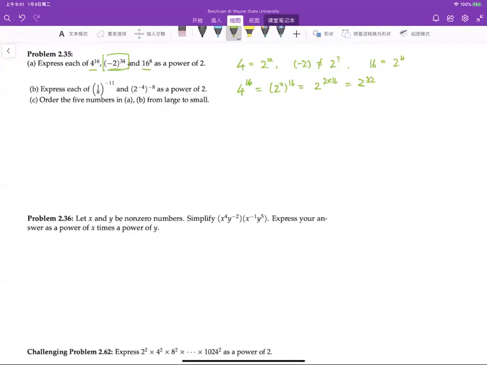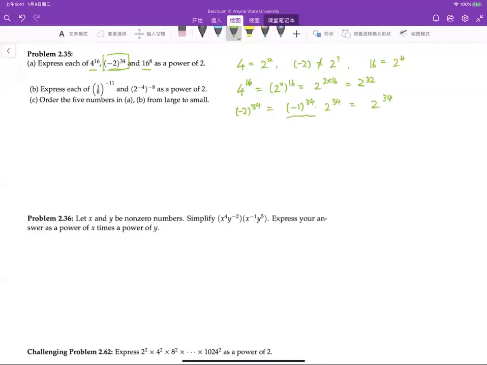Then for the second one, negative 2 to the 34, we have to apply the property of negative 1, because the exponent is an even number. So this is equivalent to negative 1 to the 34 times 2 to the 34. Because this equals positive 1, the answer is 2 to the 34.